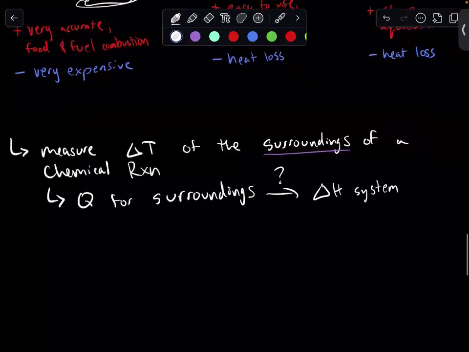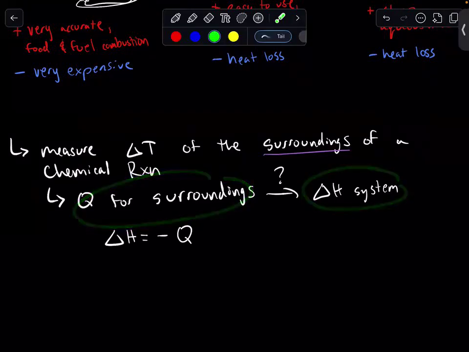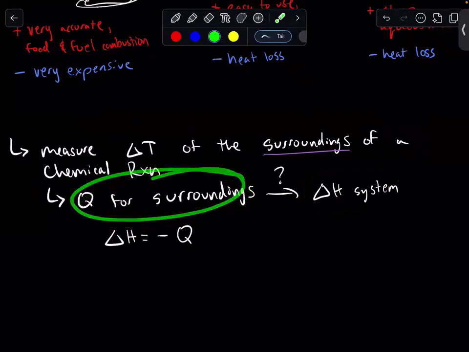Well, first off, if energy is going into the surroundings, it's leaving the system. So delta H doesn't exactly equal Q. It equals negative Q because once again, if it's going into the surroundings, it's leaving the system. If it's coming from the surroundings, the temperature is going down, the system energy is increasing. So delta H equals negative Q.